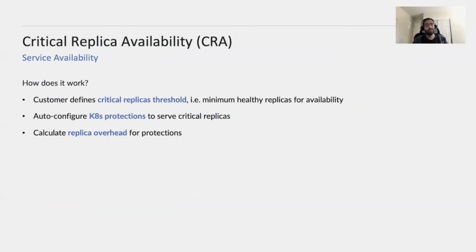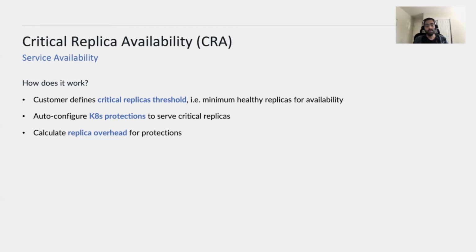On the service availability side, we've defined what's called critical replica availability. The way it works is the customer defines critical replica thresholds, which is the minimum healthy replicas that defines the availability of a service. Based on that, we auto-configure Kubernetes protections to serve those critical replicas.